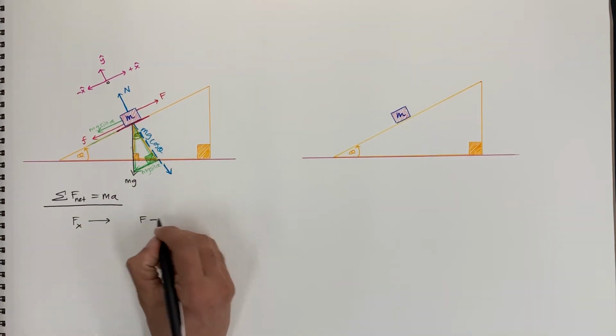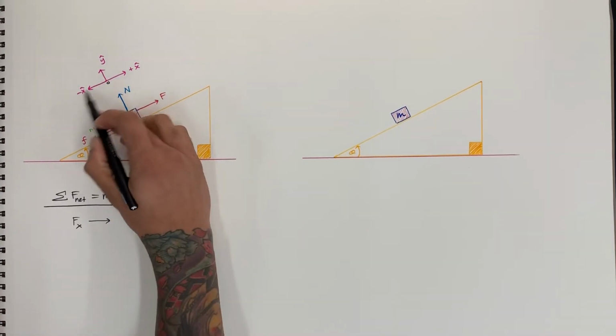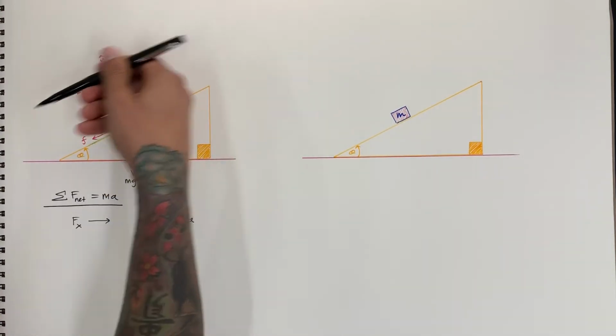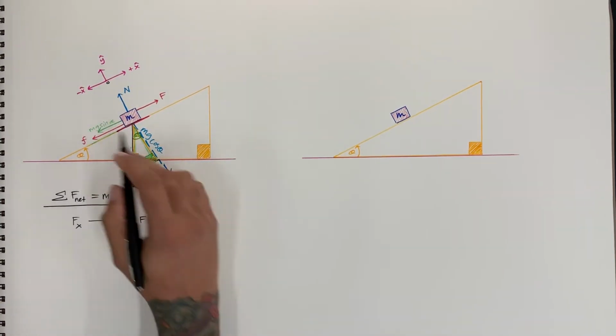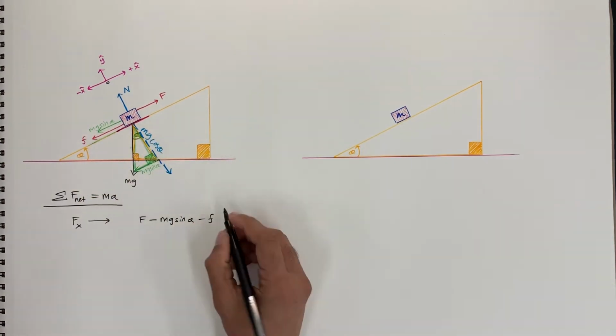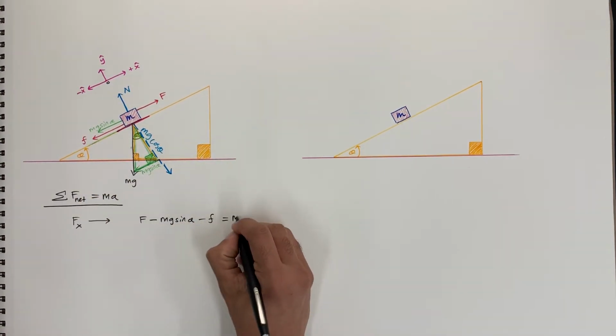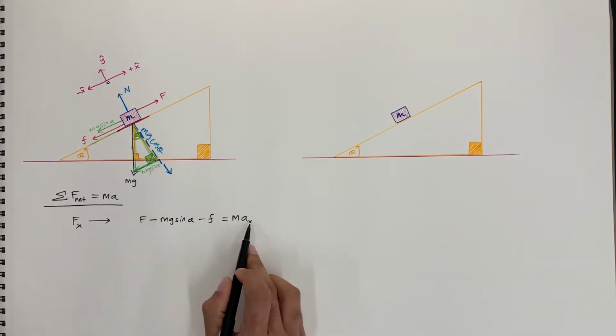So we got minus mg sine theta because it's going in the opposite direction to the force. And we also have minus friction because friction is also opposing the motion. And all of that equals ma in the x direction. So this is the acceleration in the x direction.